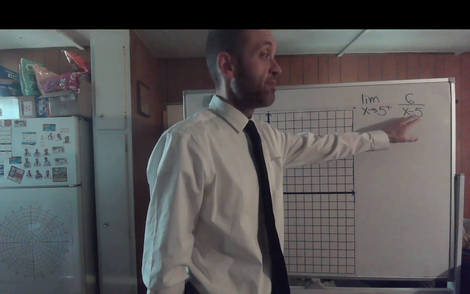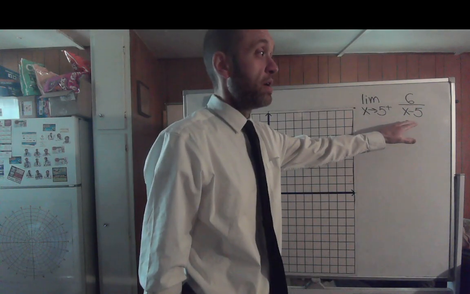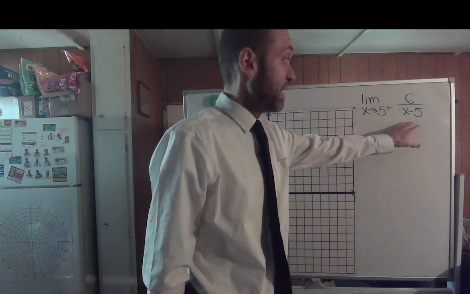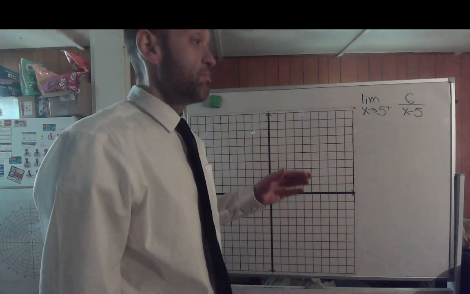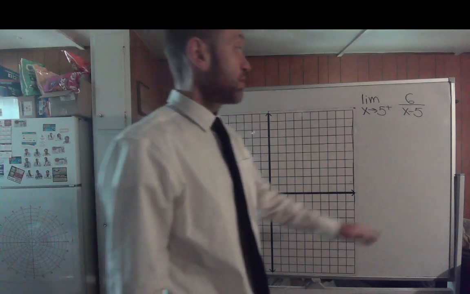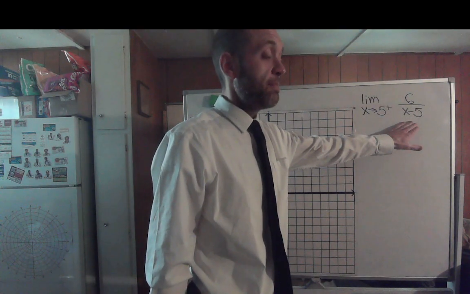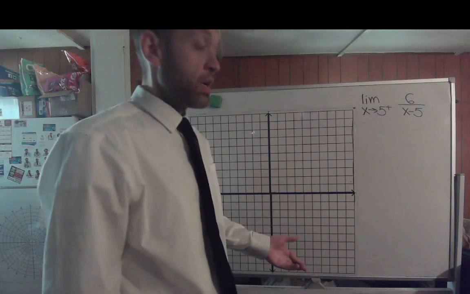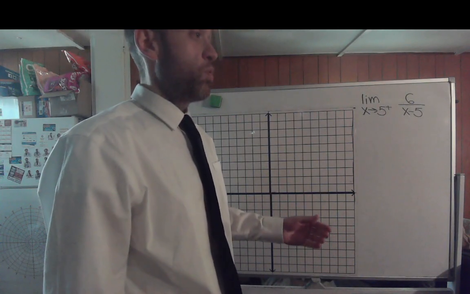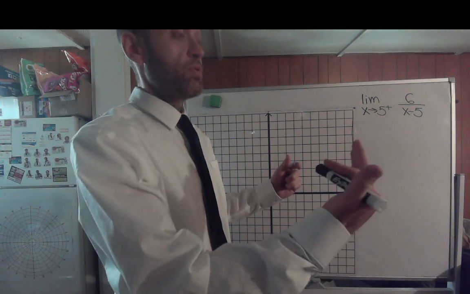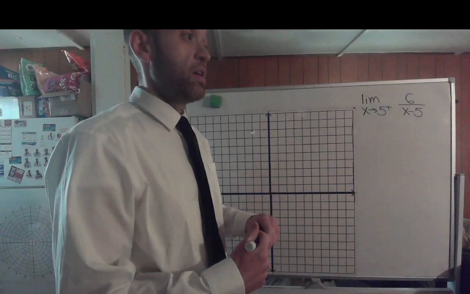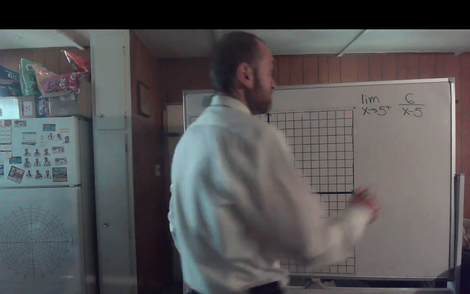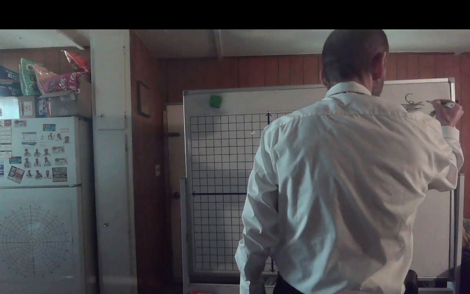If I put in 5.001, I would still have a positive denominator. Notice I am getting smaller and smaller values in the denominator, which is actually, when you divide by decimals, you invert and multiply that fraction, you're actually going to end up converging towards positive infinity.